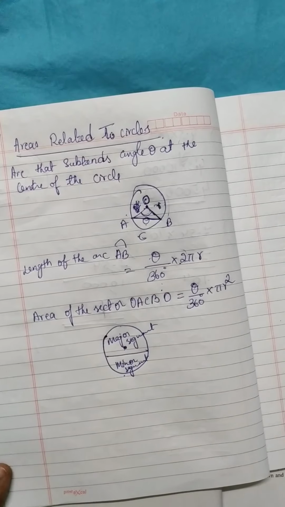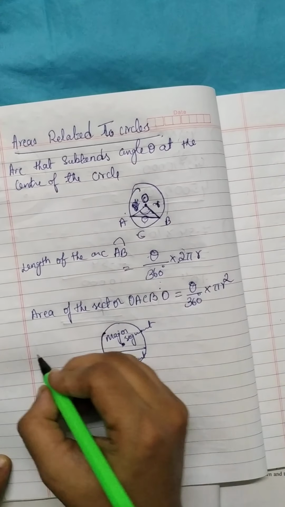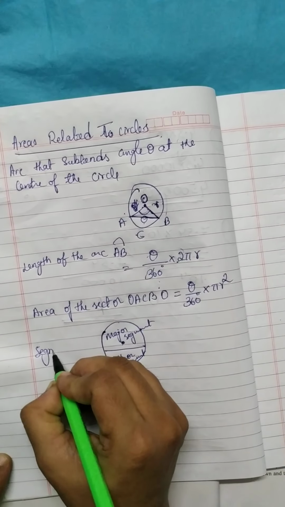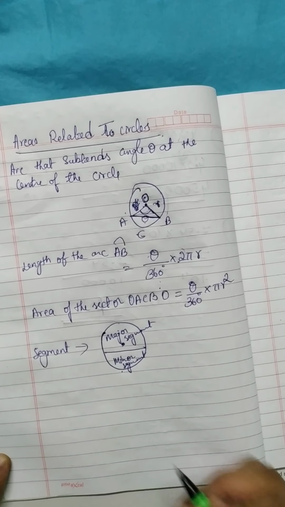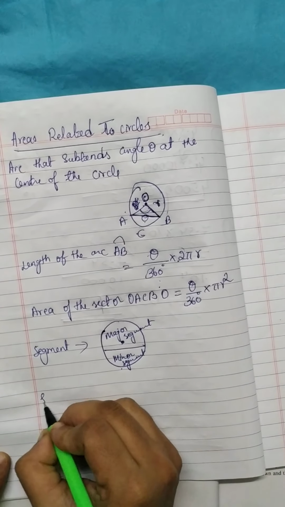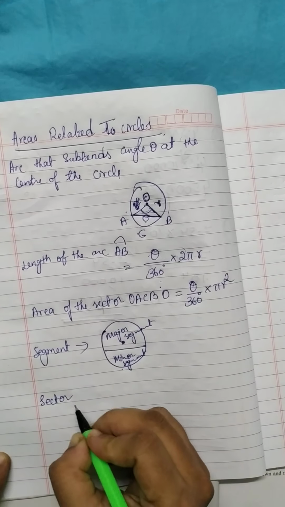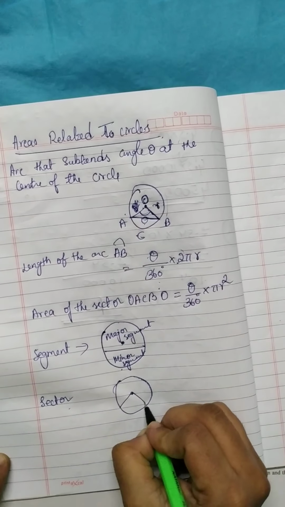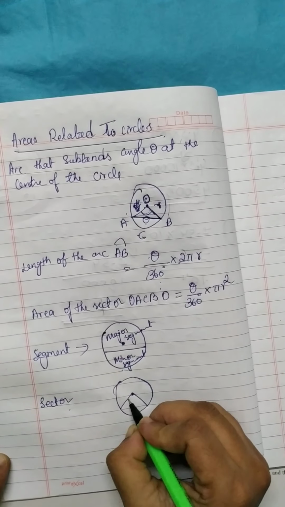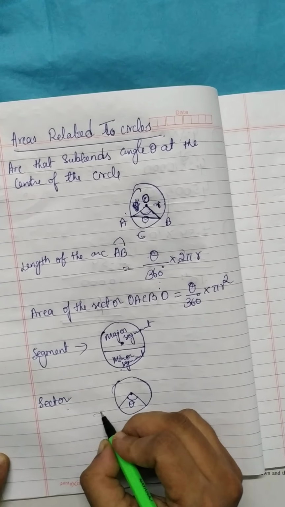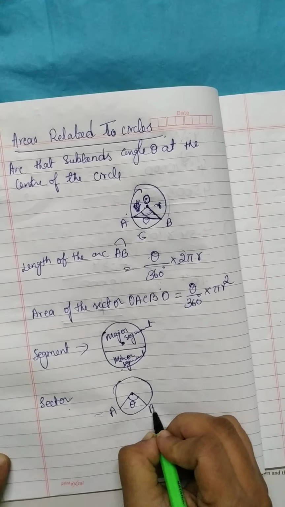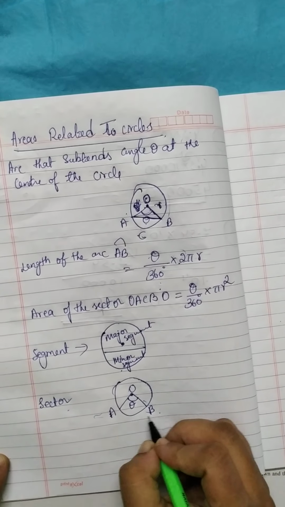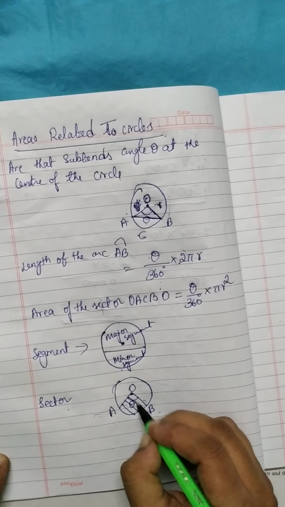Next, sector. This is about segment, and this is sector. About sector, see, if this is a circle, it is bounded by two radii, right? So this is theta, these two, OA and OB, are the radii.